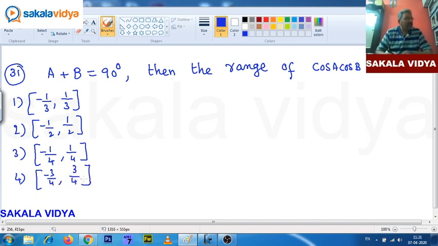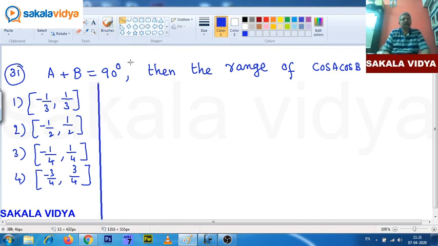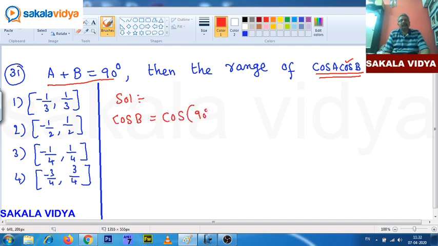Same as the previous example, the same plan can be applied here also. Here A plus B is equal to 90, so B is equal to 90 minus A. So for the range of cos A cos B, we need to change this cos B. This time I will directly write cos B equals cos of 90 degrees minus A, since A plus B is equal to 90 degrees.